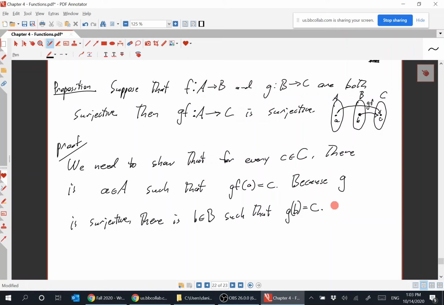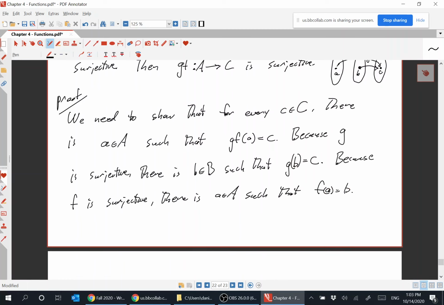So because f is surjective, there is an element a in A such that f of a equals b. So now, c is equal to g of b, and b is equal to f of a.